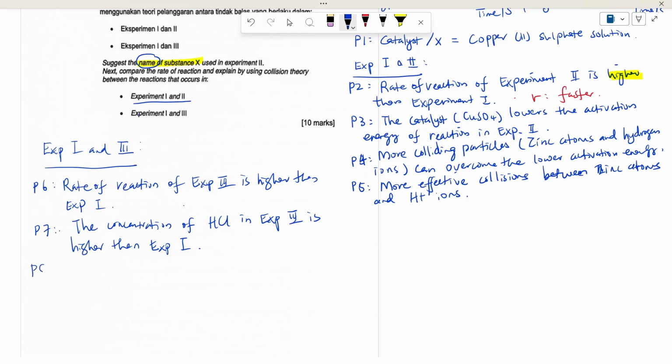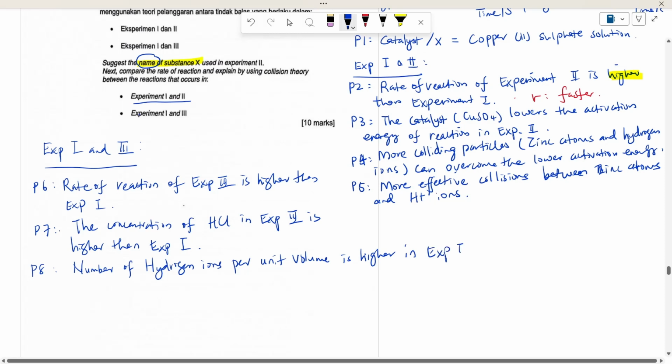So point number 8, the number of hydrogen ions per unit volume is higher in experiment 3.